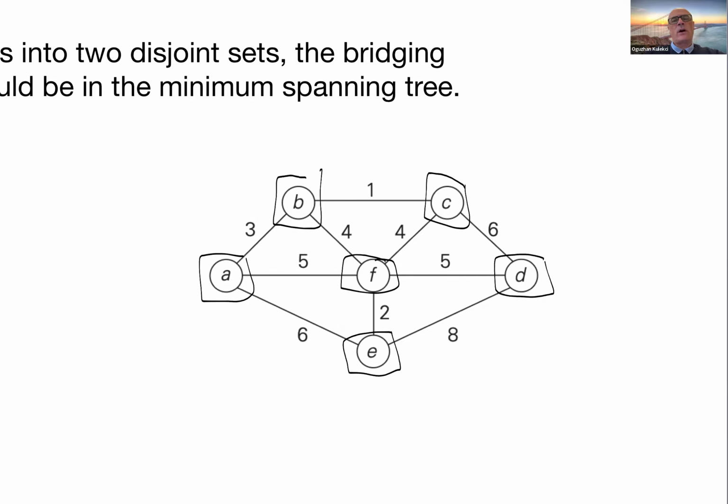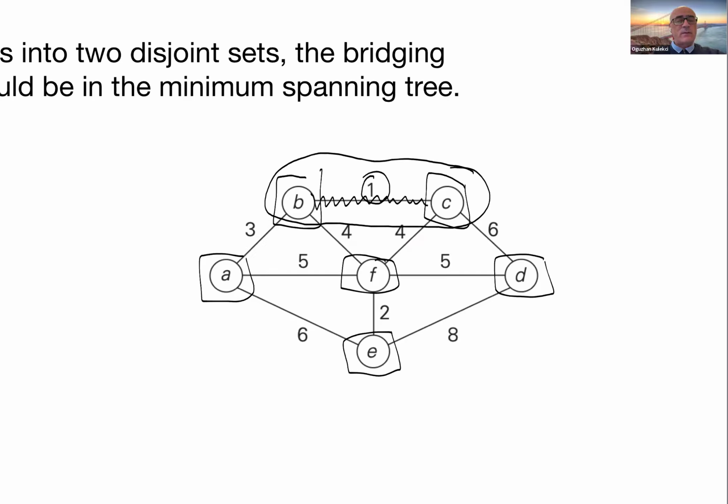I would like to find the minimum connection between these trees. So that means I need to find the minimum edge, right? So once I find the minimum edge, it is 1, right? Now that means that B and C are connected. Okay, so they are in a cloud, and this is the connection.